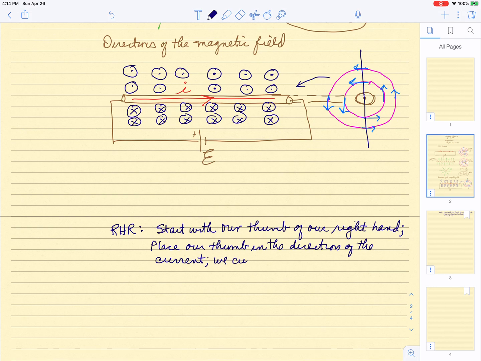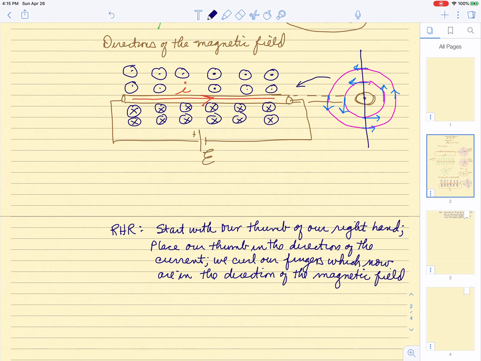we curl our fingers, which now are in the direction of the magnetic field as we curl around the wire.